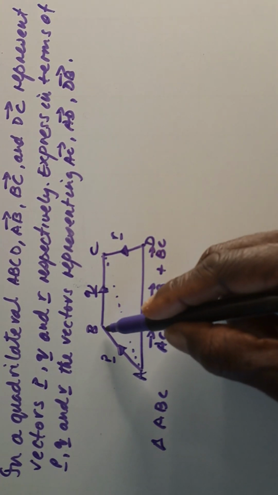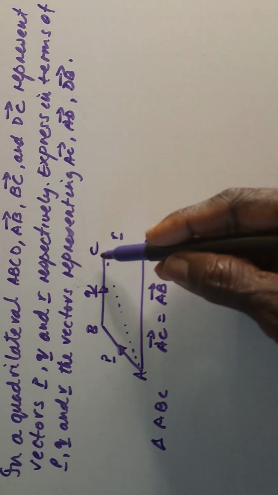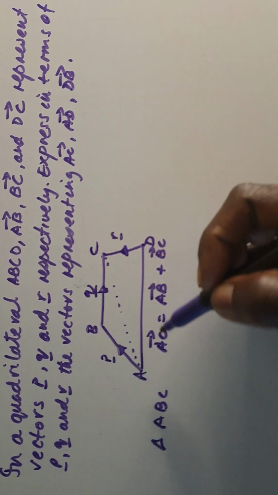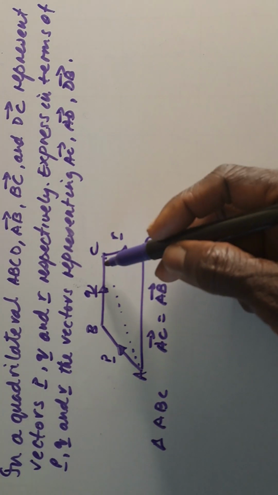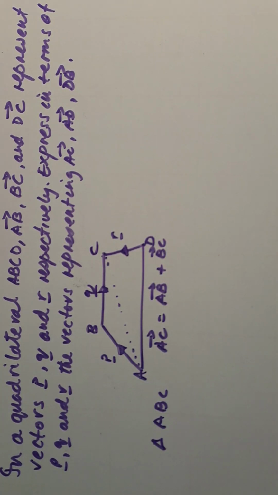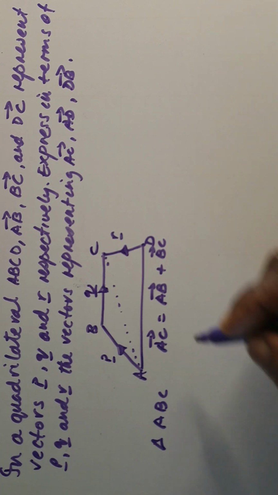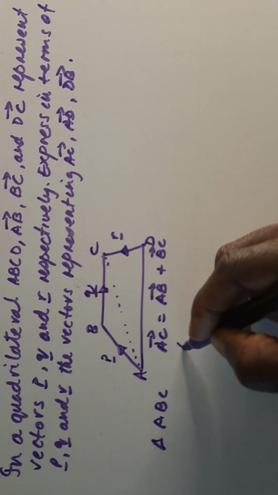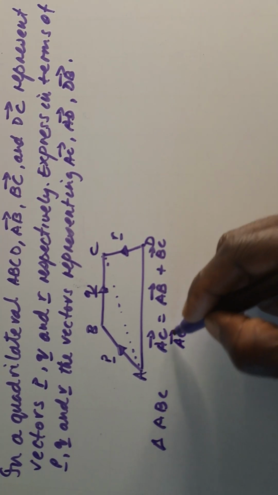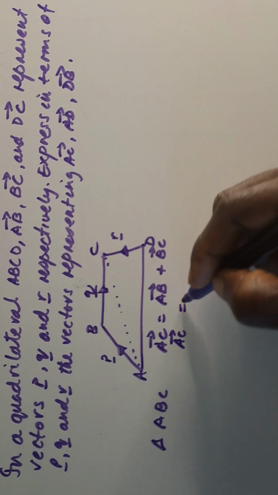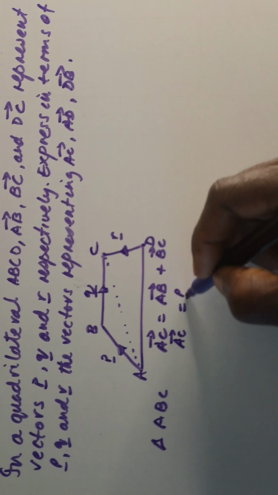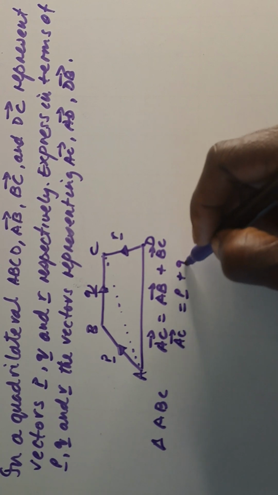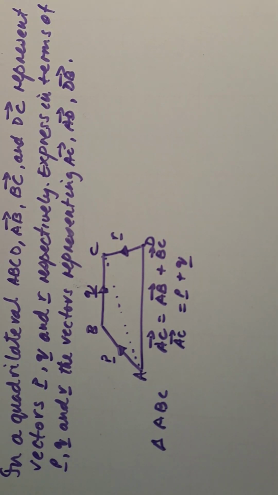So AB is going in this direction, BC is going in this direction, and our resultant is AC going in the opposite direction. So we can express this displacement AC in terms of P and Q, the two vectors P add Q.